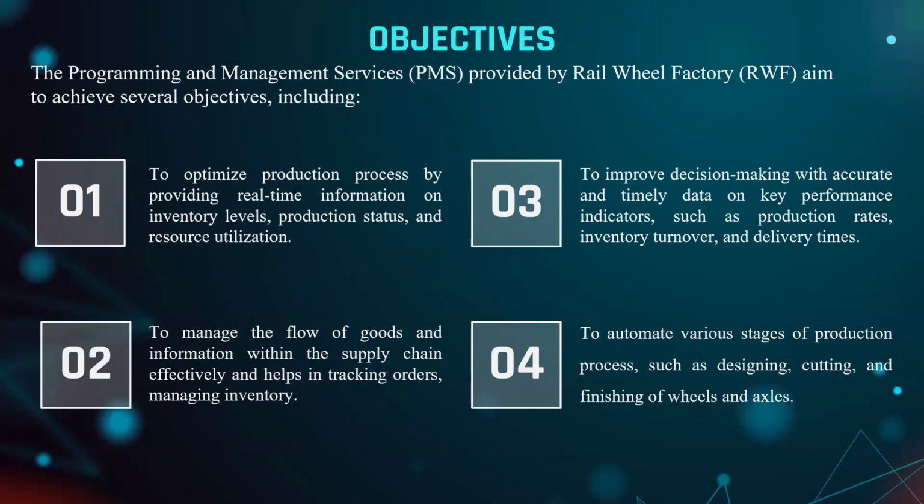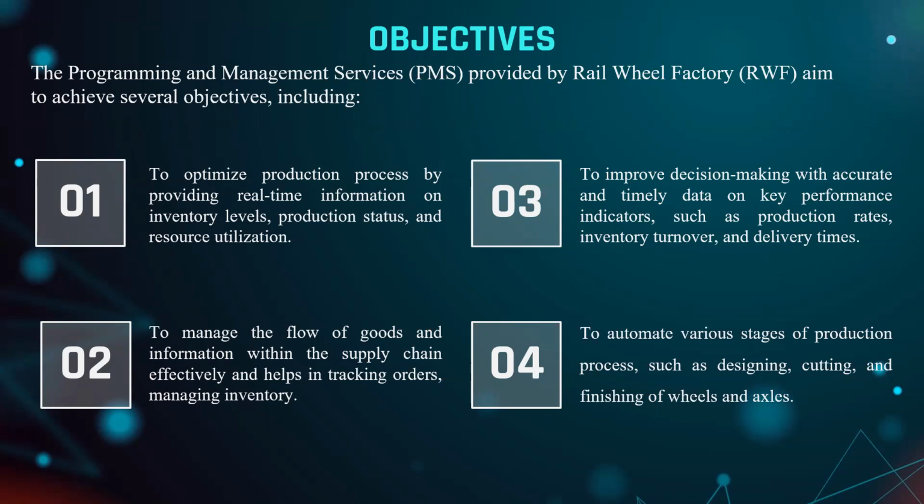The programming and management services provided by Rail Wheel Factory aim to achieve several objectives, including: first, to optimize production process by providing real-time information on inventory levels, production status, and resource utilization. Second, to manage the flow of goods and information within the supply chain effectively, which helps in tracking orders and managing inventory.